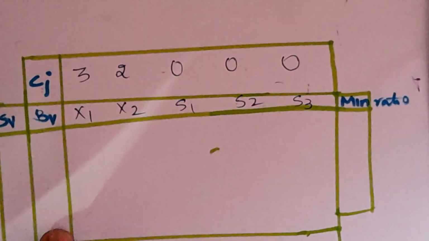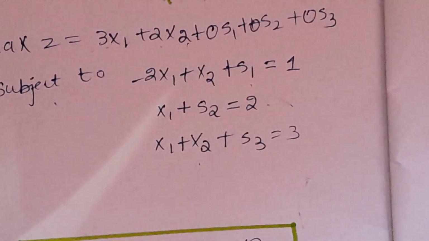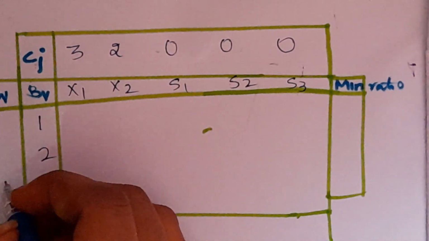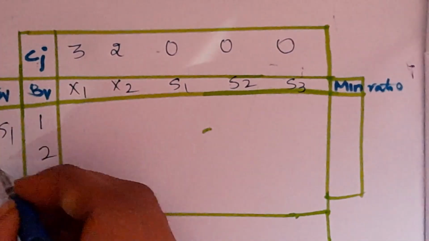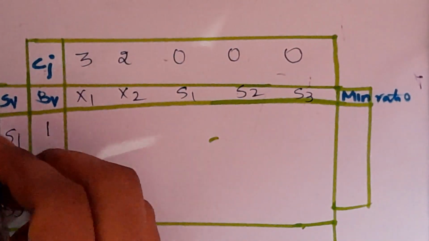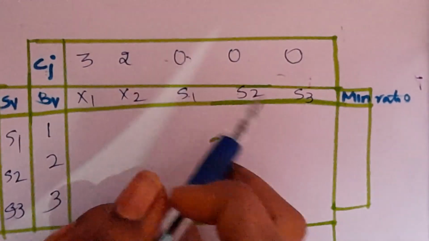Here we have to write the constants of the constraints: 1, 2, 3. Here we write the slack variables s1, s2, s3. Here Cs means coefficients of slack variables. We have s1 0, s2 0, s3 0.